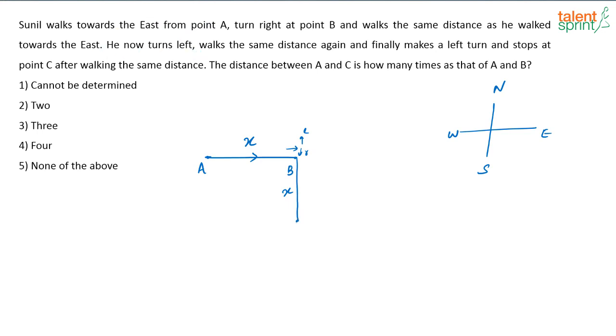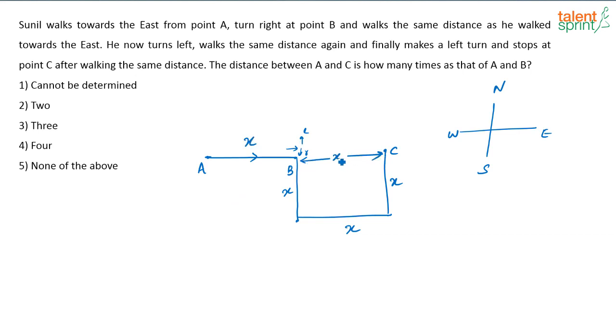He turns to the left and walks the same distance again, and then he again turns to the left and stops at point C after walking the same distance, okay? So again another x kilometers and he is stopping at C. Now what is the question? The distance between A and C is how many times as that of between A and B? What is the distance between B and C? It is again another x meters.